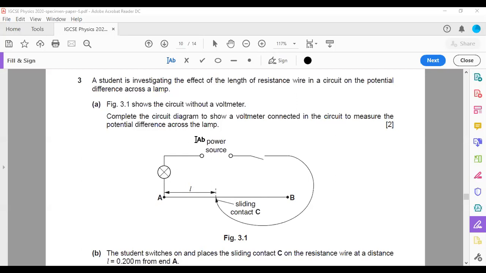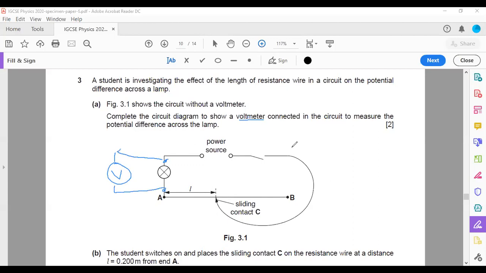Good. Complete the diagram to show a voltmeter connected. So they ask for a voltmeter connected to the circuit to measure the potential difference across the lamp. The symbol for a voltmeter is a circle with a V in it, and it must be connected in parallel across the component. Good.